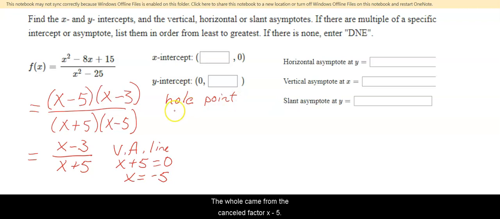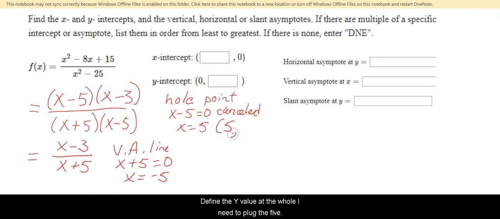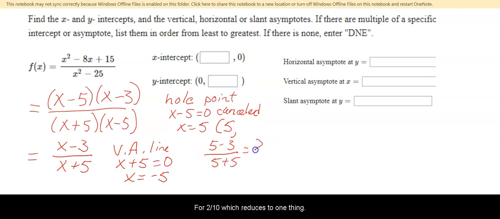The hole came from the cancelled factor x minus 5, and that gives me a hole at 5, but not a line. To find the y value at the hole, I need to plug the 5 into the reduced fraction. This will give me 5 minus 3 divided by 5 plus 5, or 2/10, which reduces to 1/5.